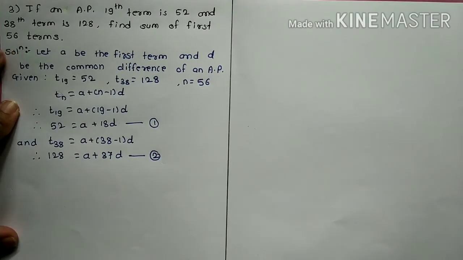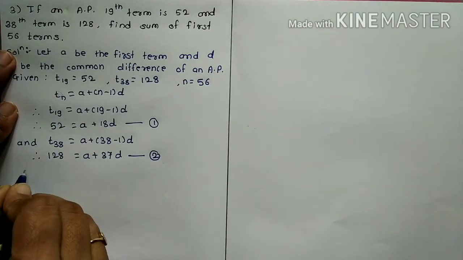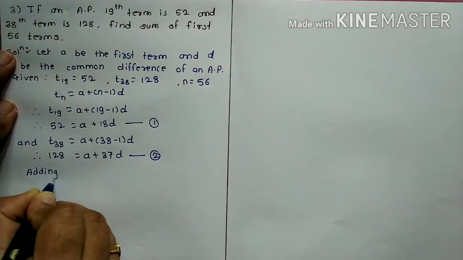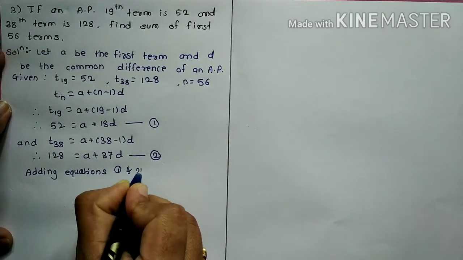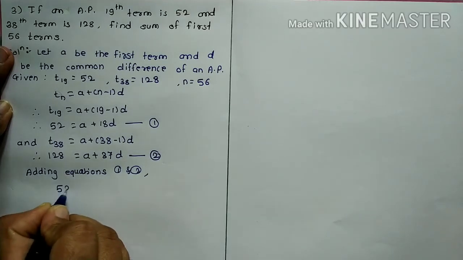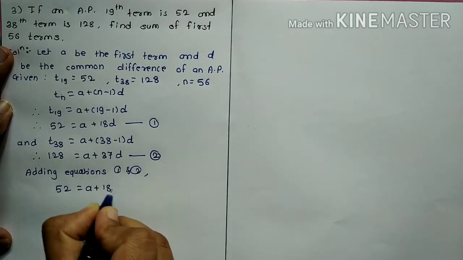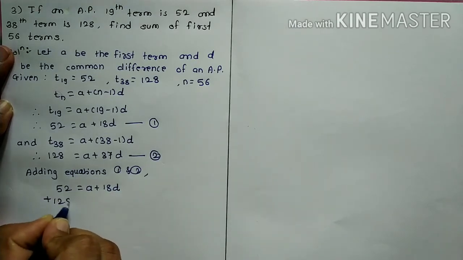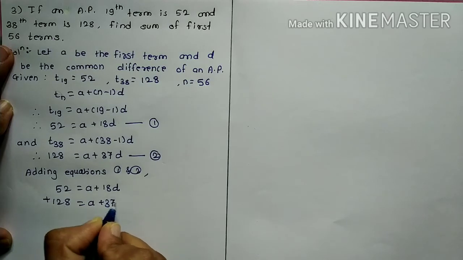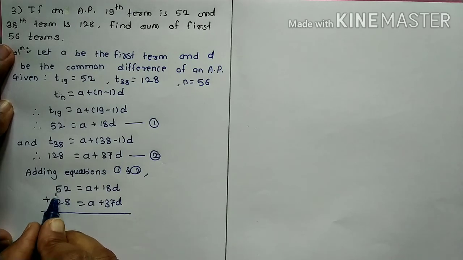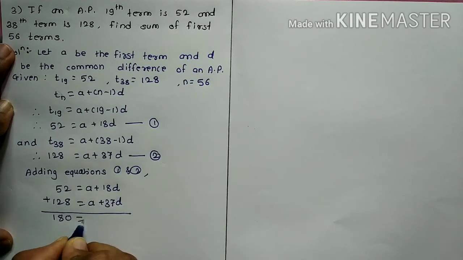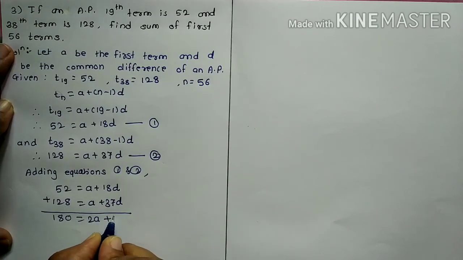Now we have to add equations 1 and 2. Equation number 1 is 52 equals A plus 18D, plus 128 equals A plus 37D. 52 plus 128 is 180, equal to A plus A, that is 2A, plus 18 plus 37, that is 55D.